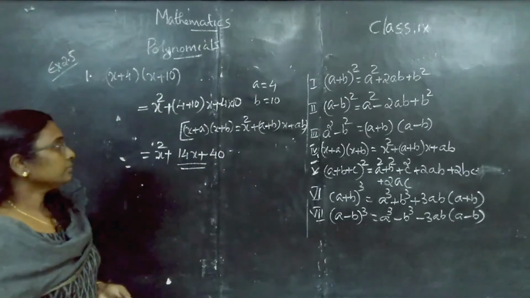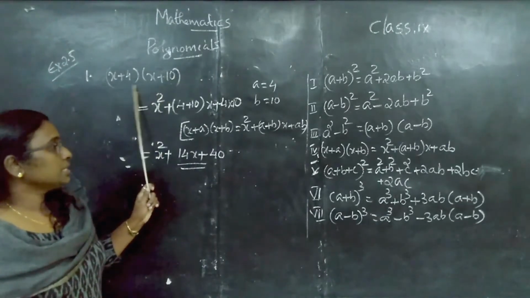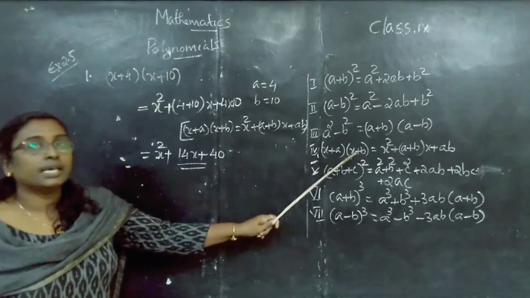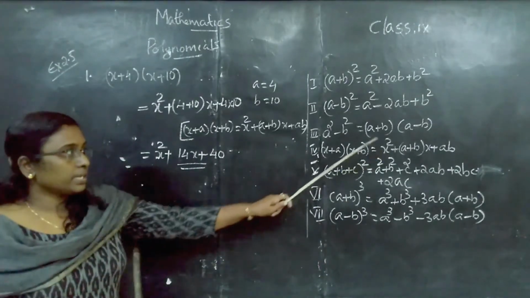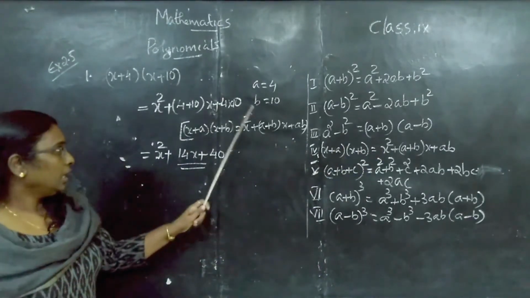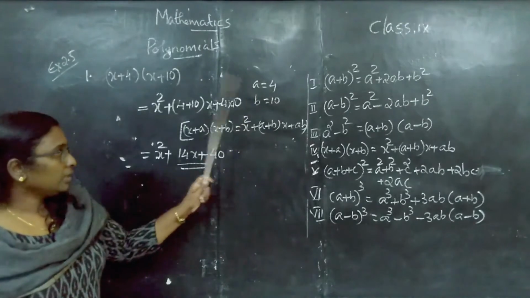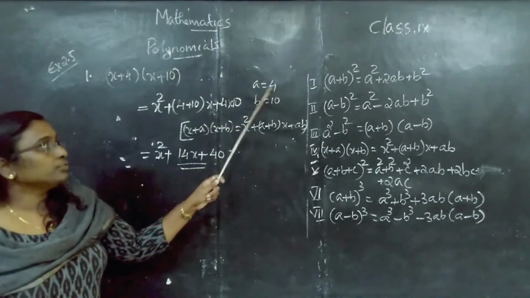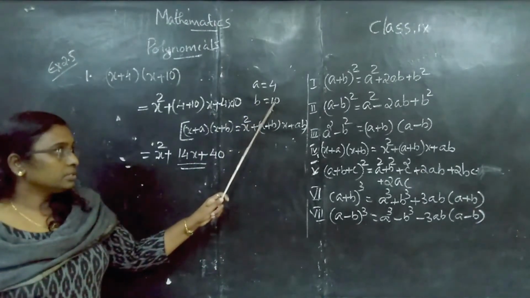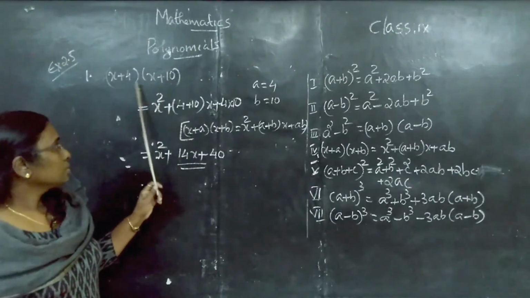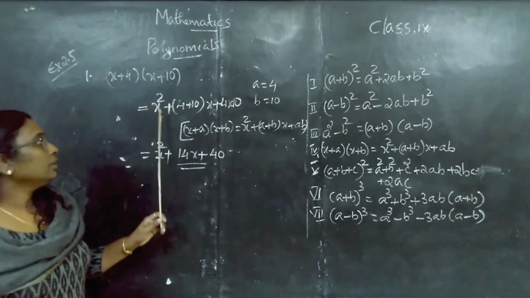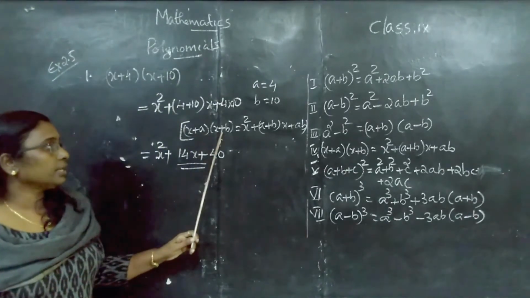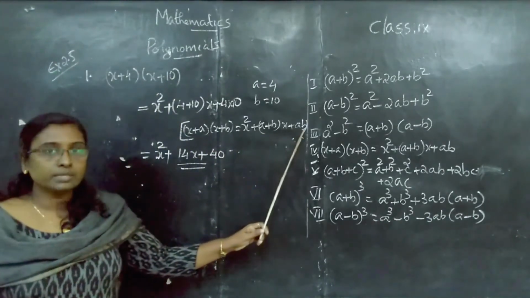Okay. Once again, this question is similar to the identity x plus a into x plus b. We know the expansion of this identity, according to which here in place of a we have 4, b is 10. So substitute. x plus a into x plus b is x square plus a plus b into x plus ab.